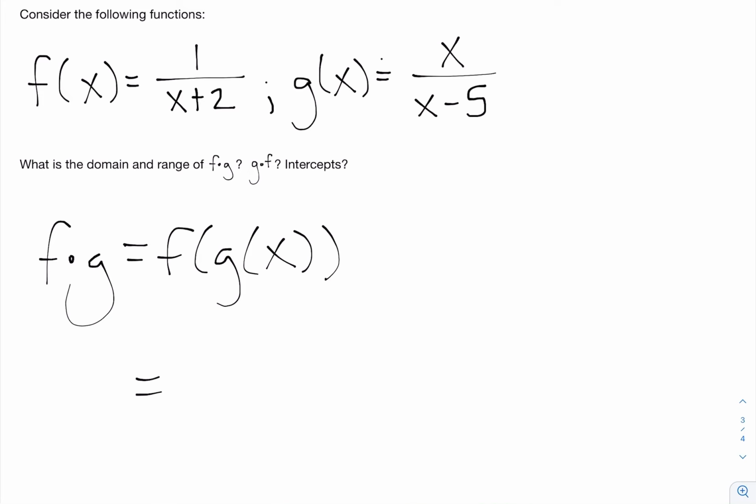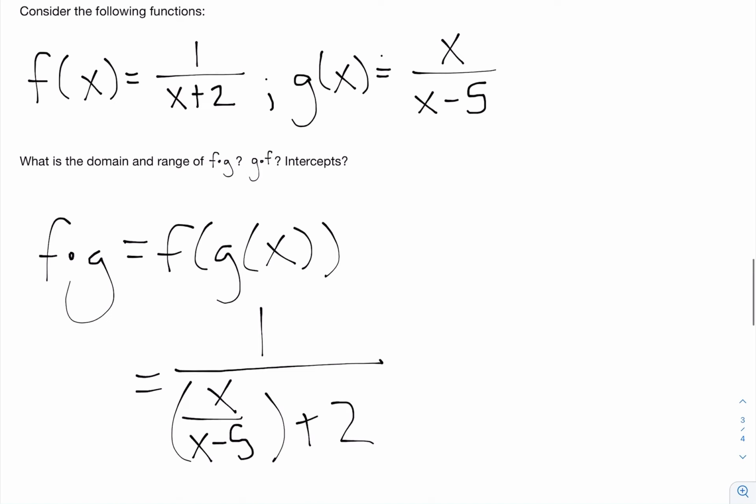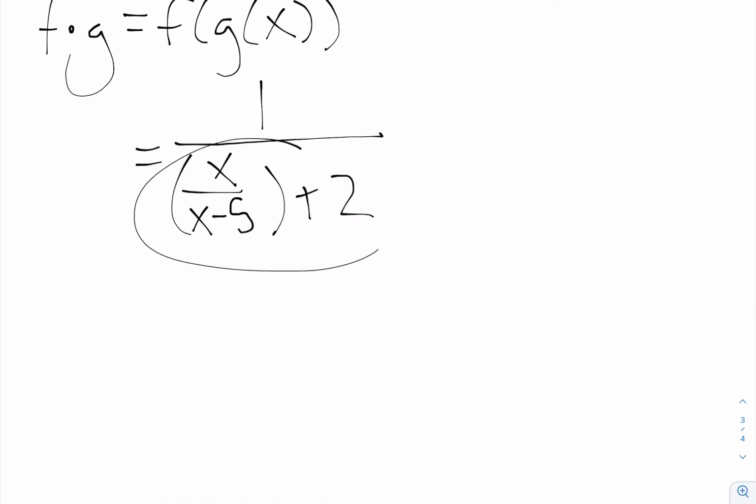This is going to be equal to 1 over x plus 2, except the x is now x over x minus 5, plus 2. Now if we want to get the bottom into one fraction, we have to get a common denominator.